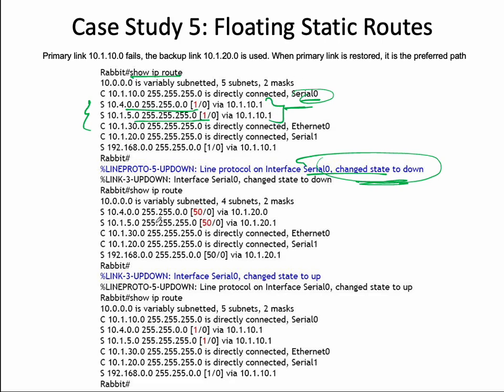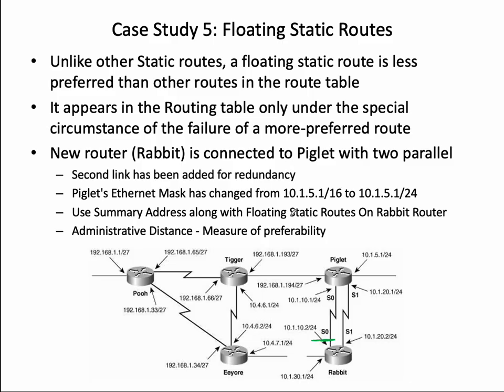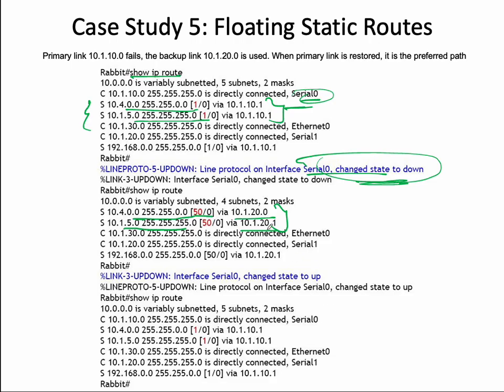Now if the link goes down, you see here the routing table entry changes, right? It takes effect through 10.1.20.1 instead of 10.1.10.1. So instead of going through this route, because this link failed, it will go through this one, right?